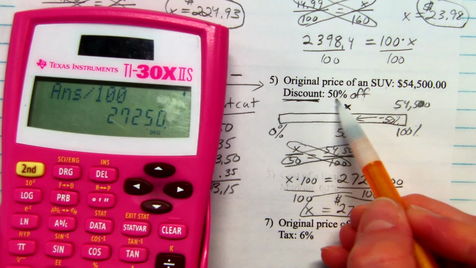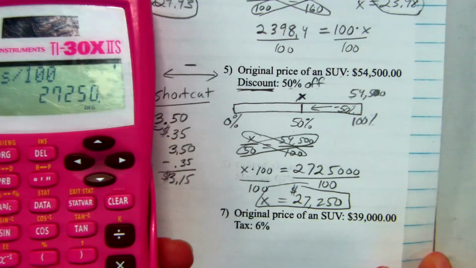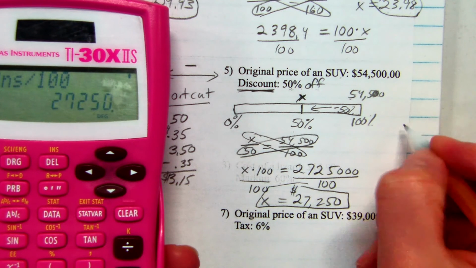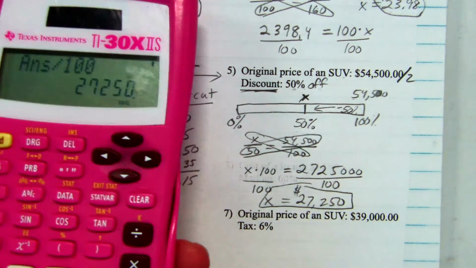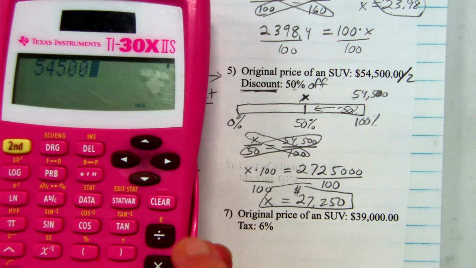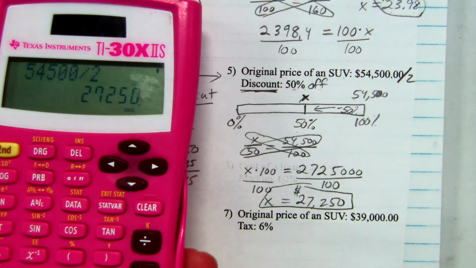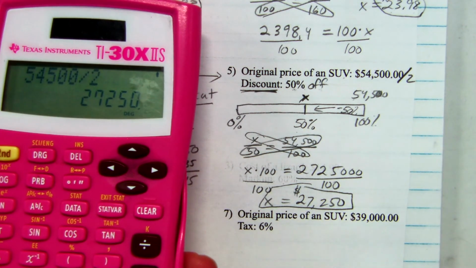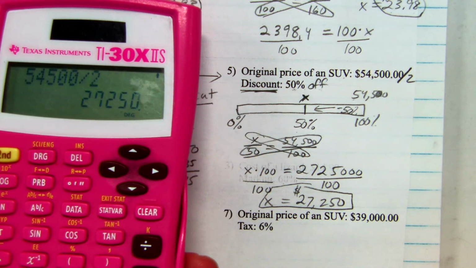Now, if you see 50% off, that should also trigger our brains that that's half. So I'll just make a little side note. I could have just taken this and divided by 2 if I'd wanted to. So another way I could have done this is just divided by 2, and I would have had this answered pretty quickly. So if you see a 50%, you could figure that out pretty fast because it's just going to be half.